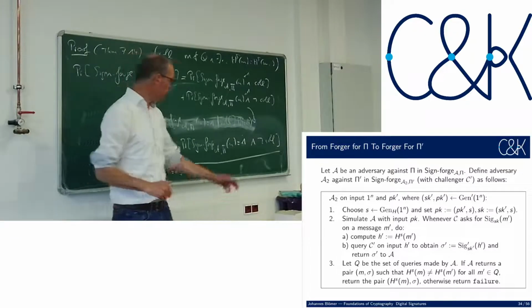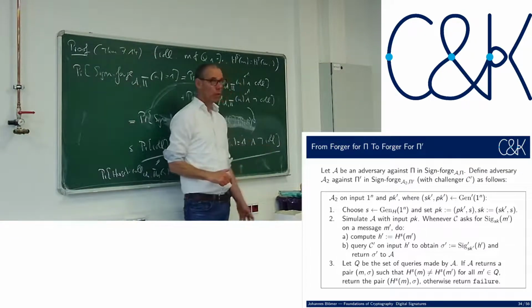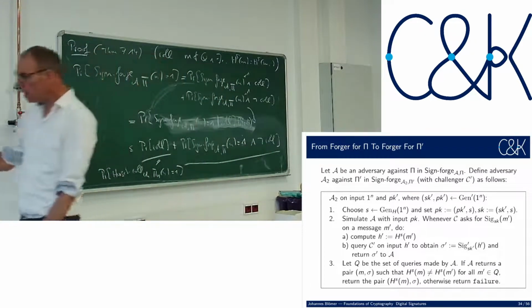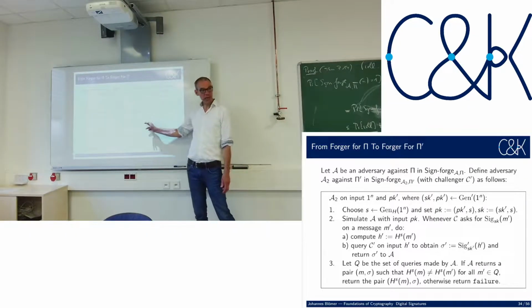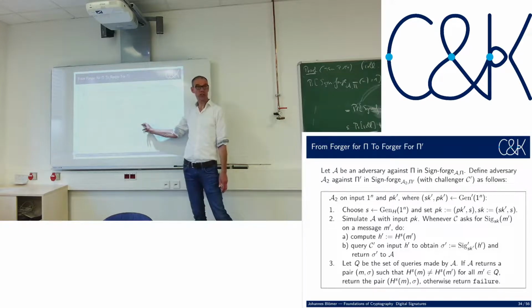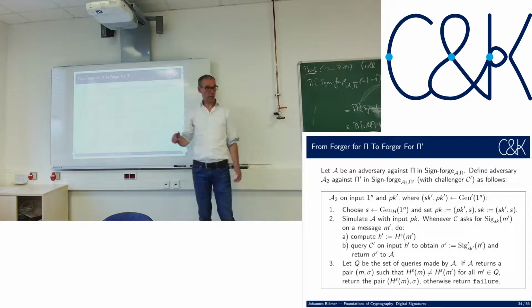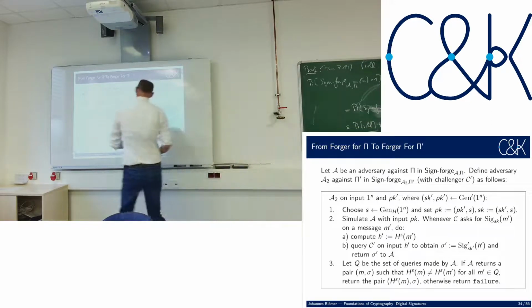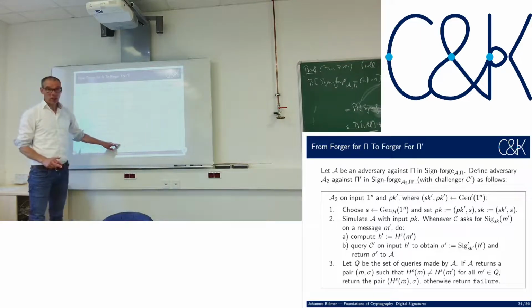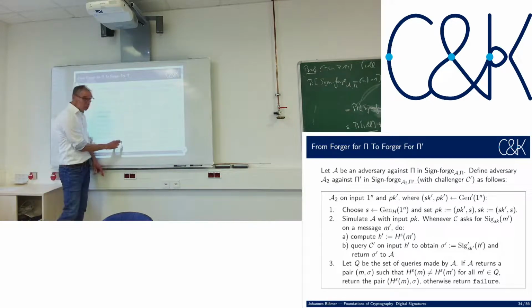Why do we need that also, this is true? If this is true, then A2 never queried its challenger on the message it output as its forgery pair. Or the other way around, if there is a collision, then this here is not a valid forgery for A2 because this message was queried.